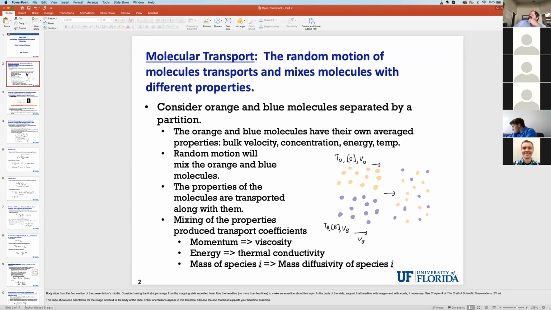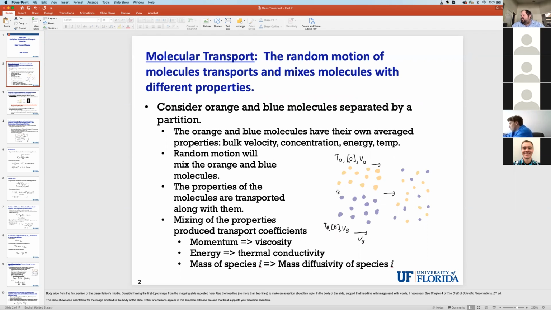at the molecular level. This is just due to the random motion of molecules, basically mixing molecules that have different properties. Just consider this diagram here, where we have initially, in a box, orange molecules and blue molecules.